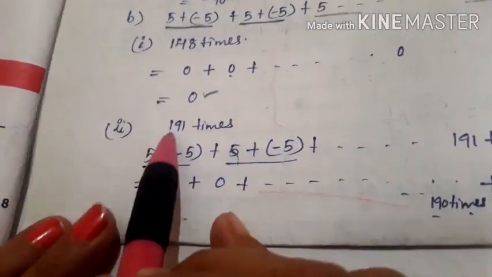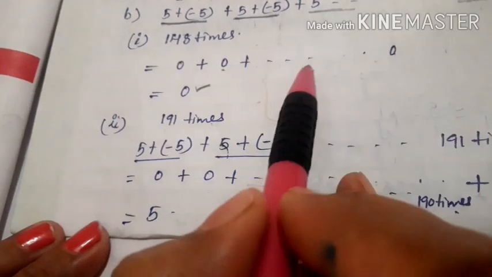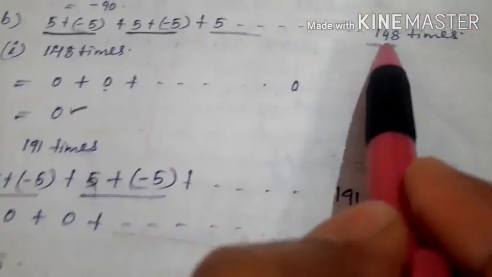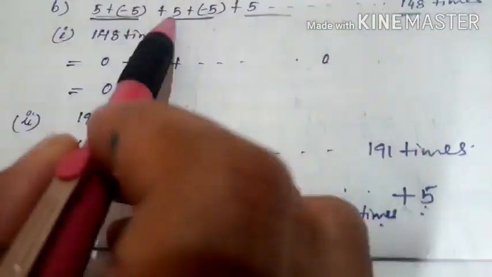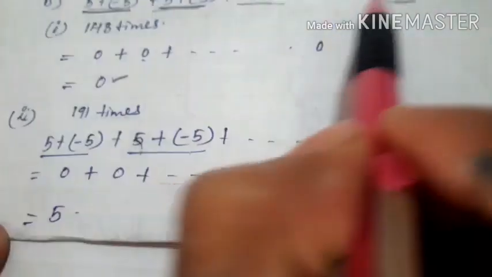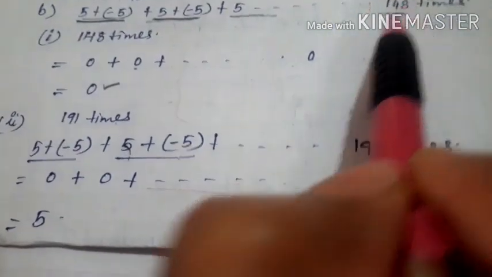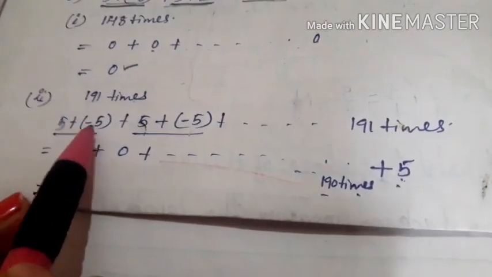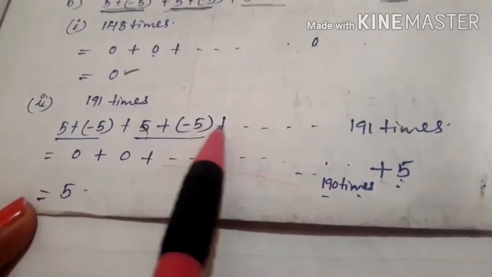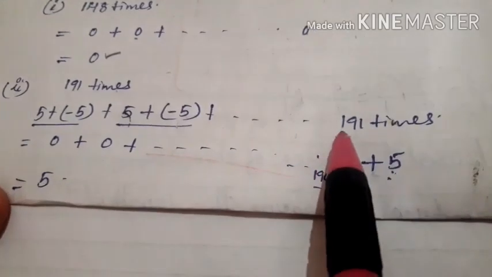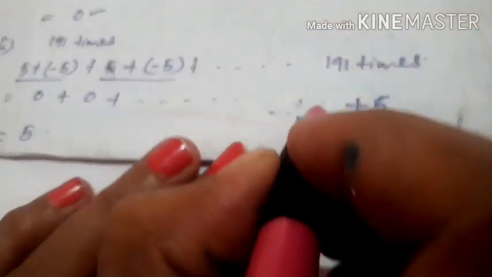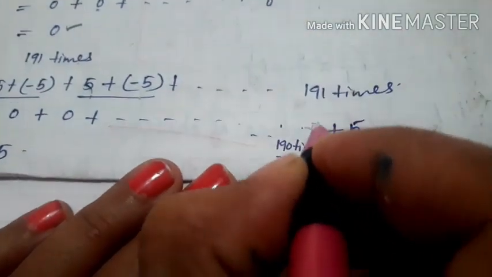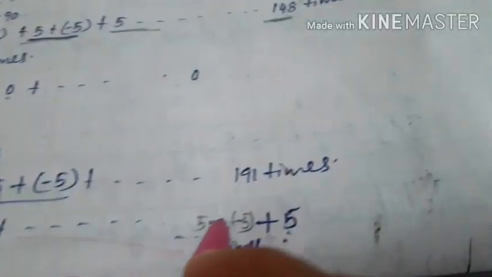If it is 191 times, it means here is an odd number. Okay, 2 2, that is 2 2, you will get 0. That is, the last end will be the even times you will get. If 191 times, 5 plus -5, 5 plus -5, like this you have to write 190 times, it will come -5.